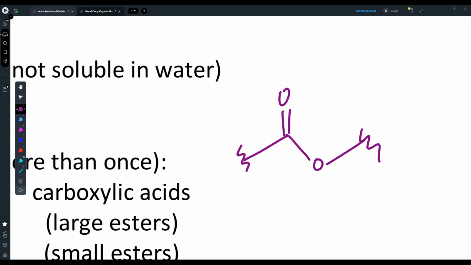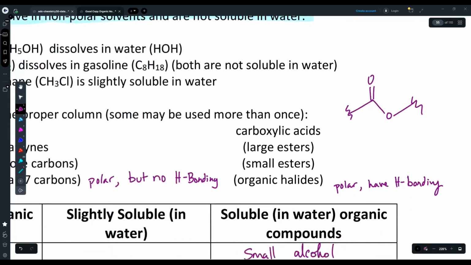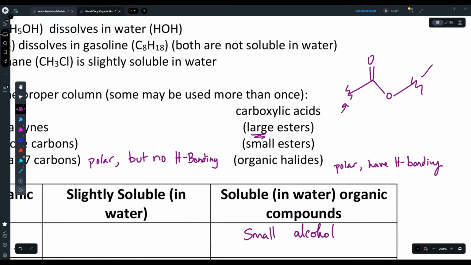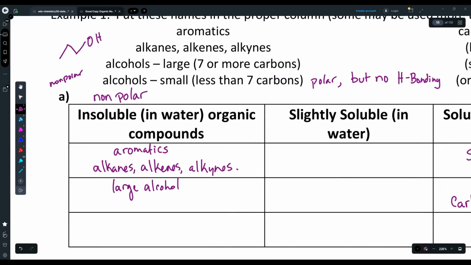There's no hydrogen bonding. It could be polar, right? But because it's large, these chains are going to be quite long, and the carbon chains are going to be non-polar. Because there are quite large non-polar parts to them, that's why I'm going to put it in insoluble.